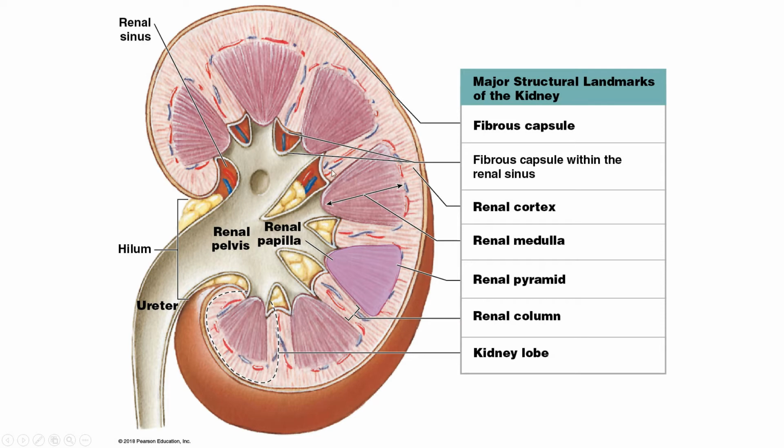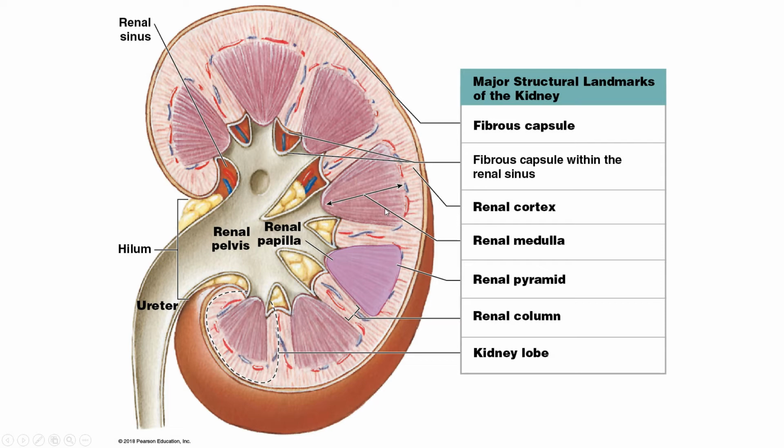Some textbooks will say the renal column is a part of the cortex because it has a similar color to the cortex, while others will include it with the medulla because it's in the region of the medulla. So if you read one thing versus the other, it's fine.